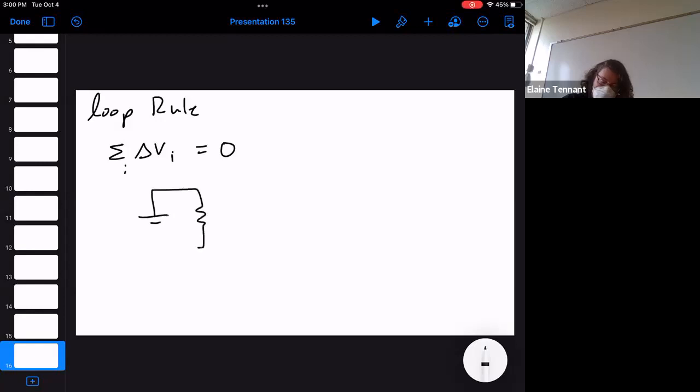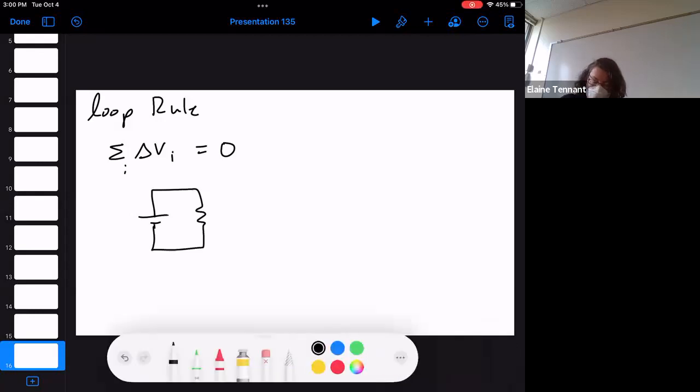Then we're going to have the loop rule. The loop rule says that any closed loop you can make, when you add up all the voltage drops and all the voltage gains, they need to add up to 0. So if I have a very simple circuit like this, and I start right here, as I go through this battery, I'm going to gain the voltage of the battery.